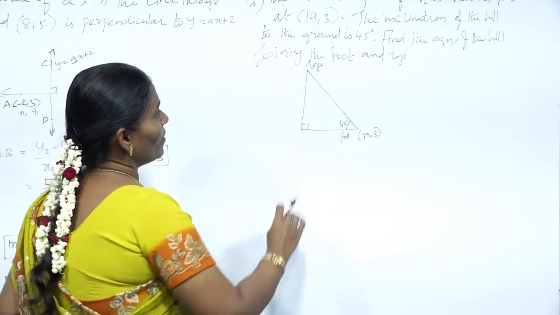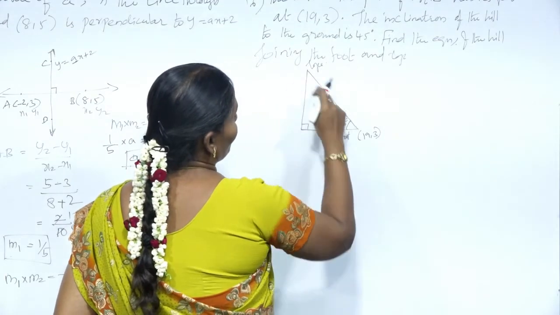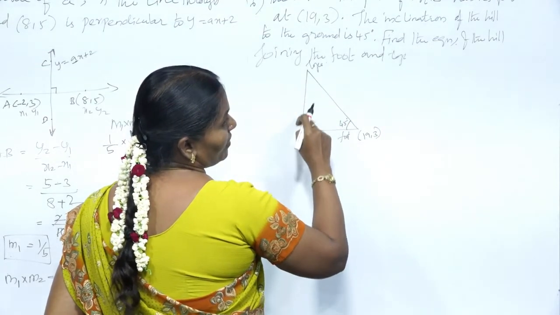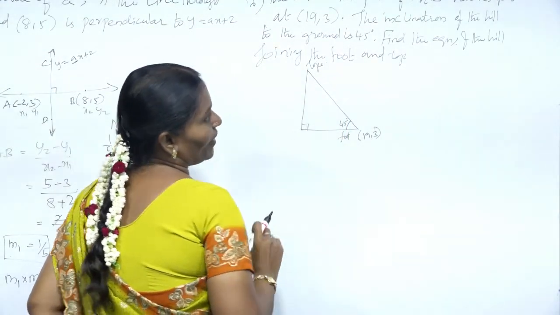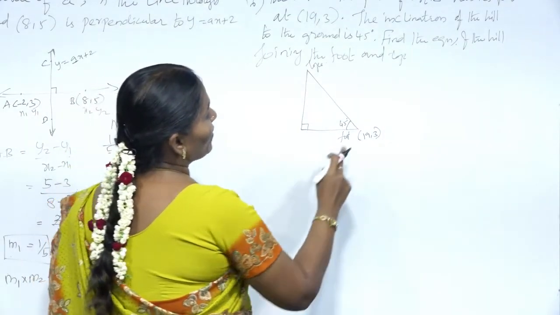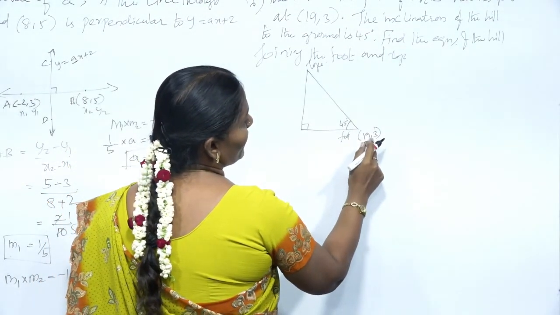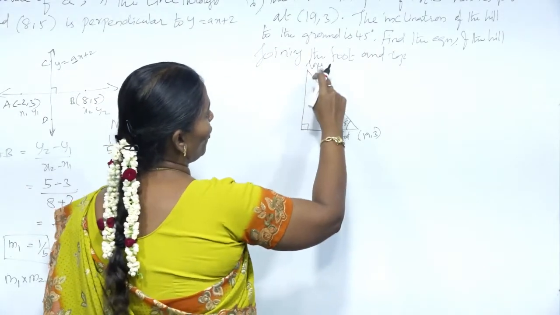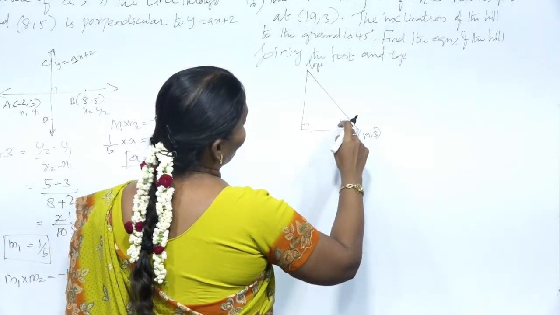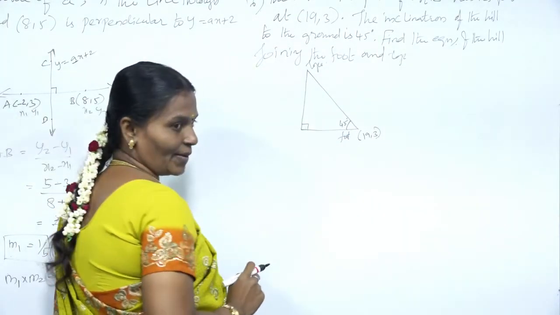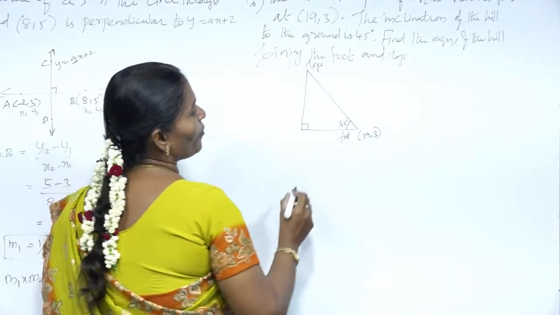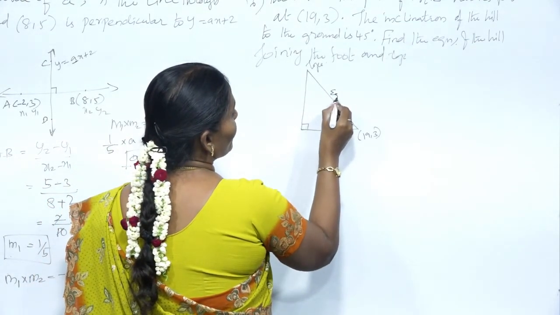So here you consider this a right angle triangle. This is the hill. So foot, here the point is 19, 3. This is the top. The inclination angle is 45 degree. Understand children? You have to find out the equation of this.